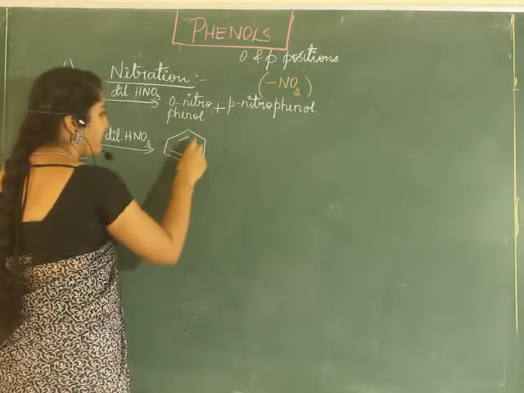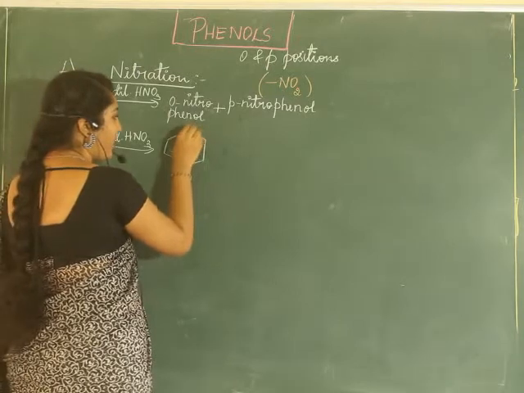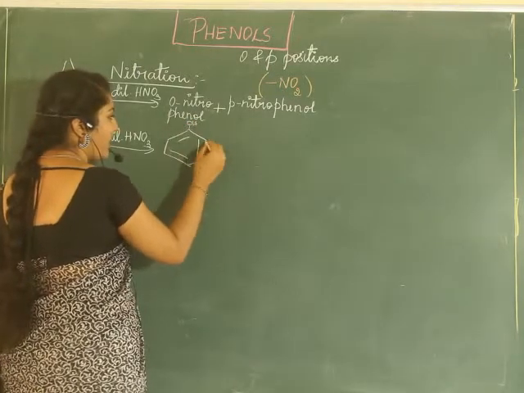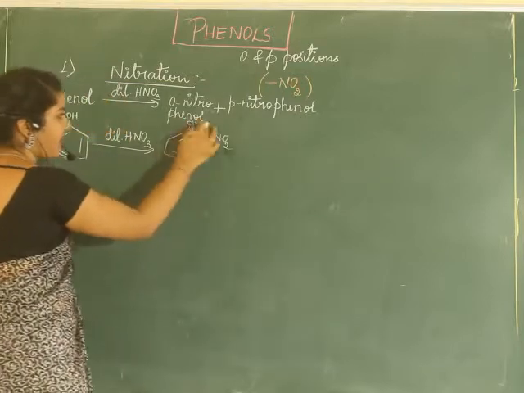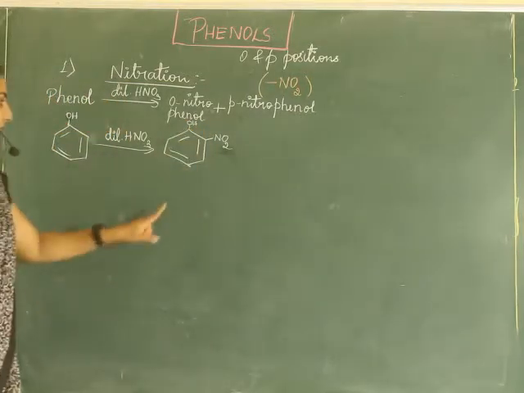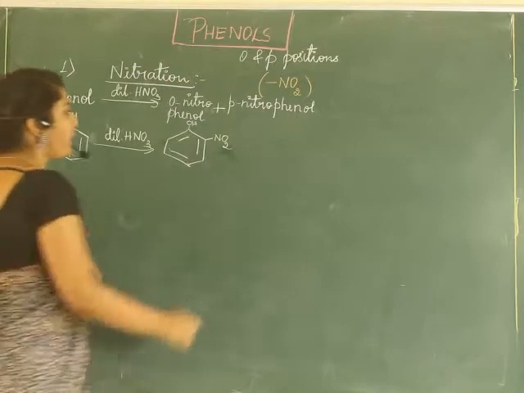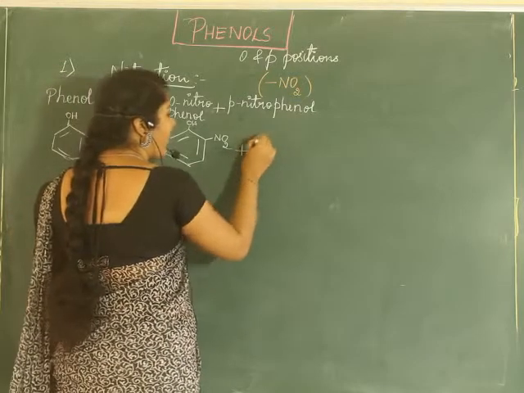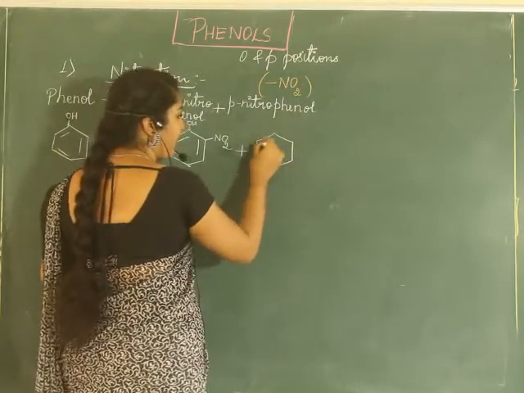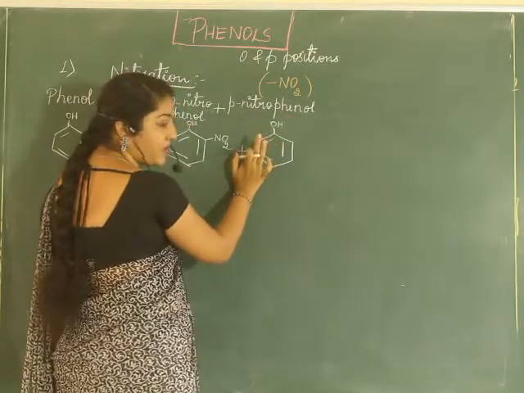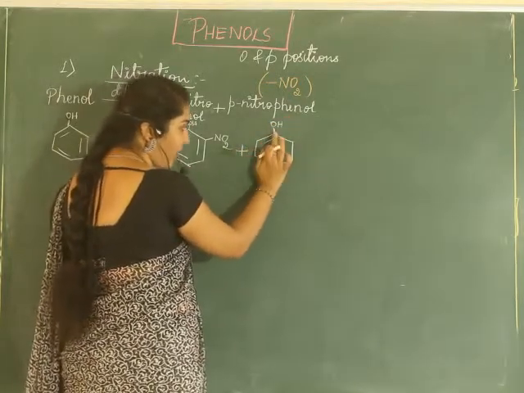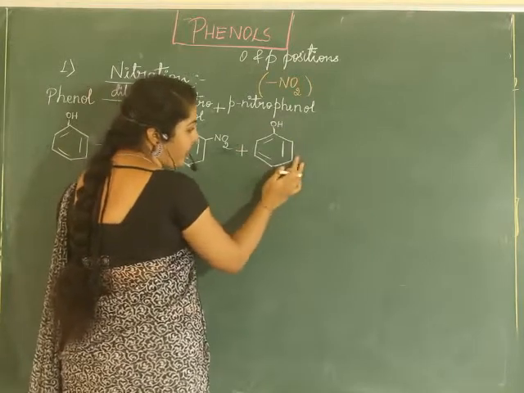orthonitrophenol. If this is OH, in the ortho position, nitro group gets attached. That is orthonitrophenol. Write the name of it here. And paranitrophenol, benzene ring, OH group in the para position. Which is para position now? This is para, already occupied. Ortho, meta, para.